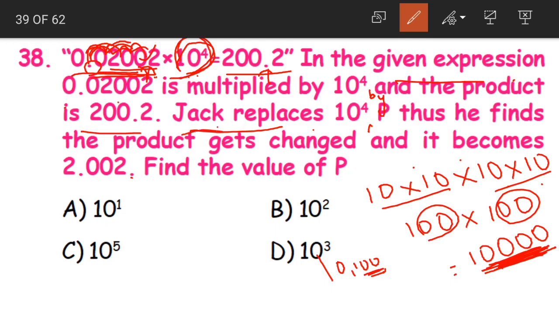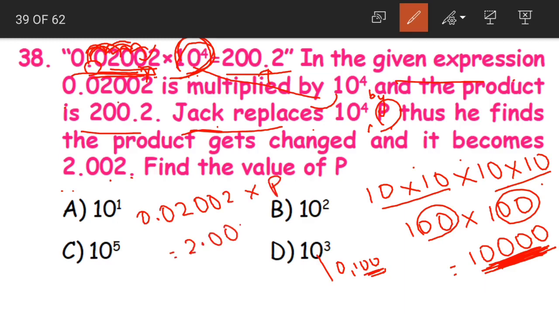But what did our Jack do? Now instead of this 10 to the power of 4, he multiplied by P. After multiplying, the result is 2.002. The original number was this. When multiplied by P, the answer is 2.002. Now what is the value of P?